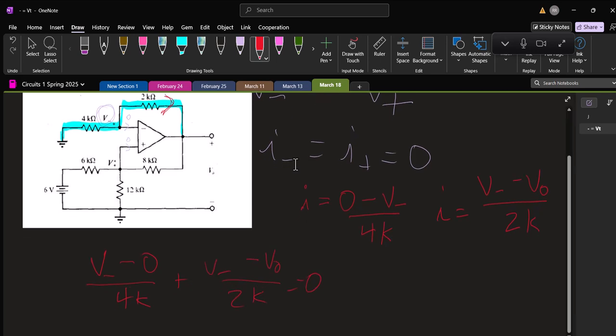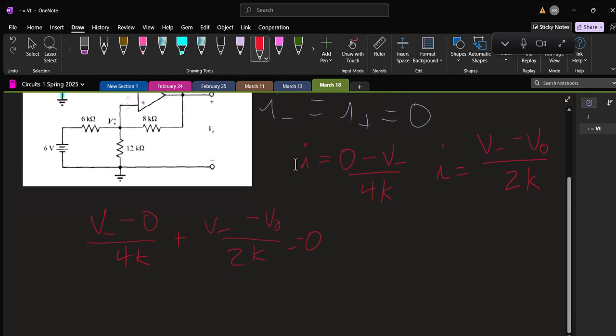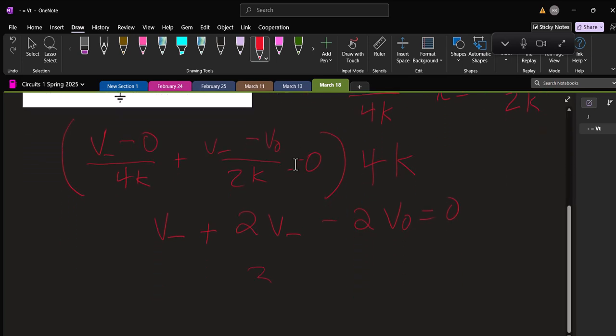So I get that. So what this tells me is if I multiply everything here by 4K, I get V minus plus 2V minus minus 2V out equals 0, or 3V minus equals 2V out.